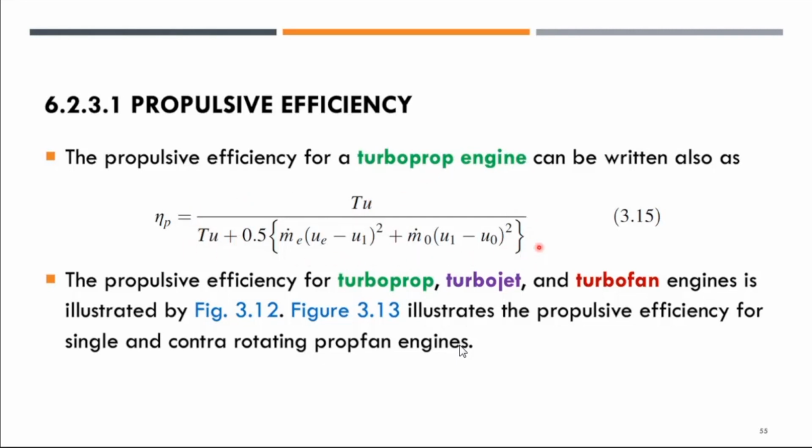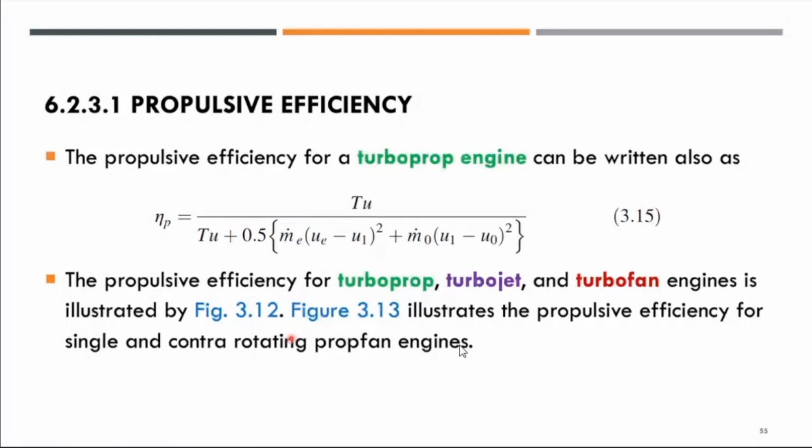The propulsive efficiency for a turboprop, a turbojet, and a turbofan engine can be illustrated in figures 3.12 and 3.13. Figure 3.12, whereas 3.13 illustrates the propulsive efficiency for single and contra-rotating prop fan engine.